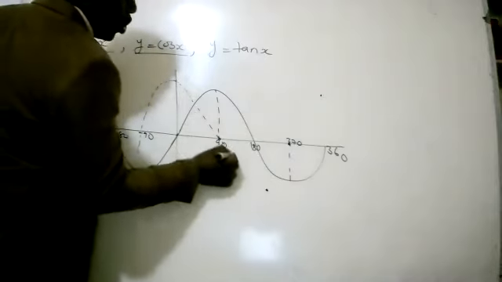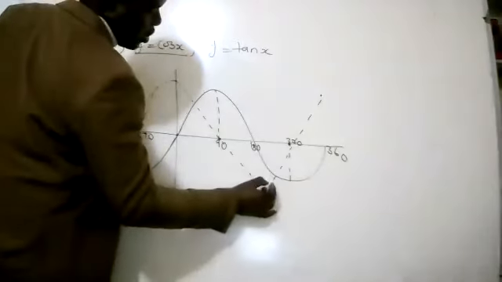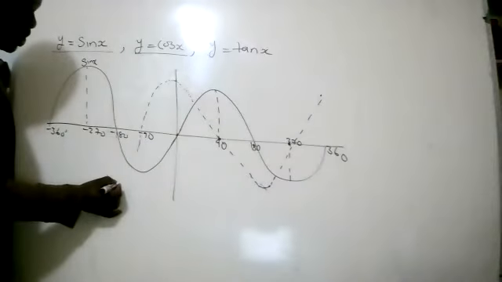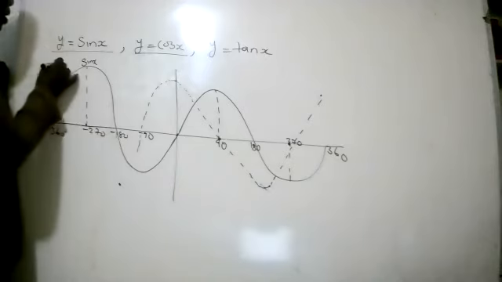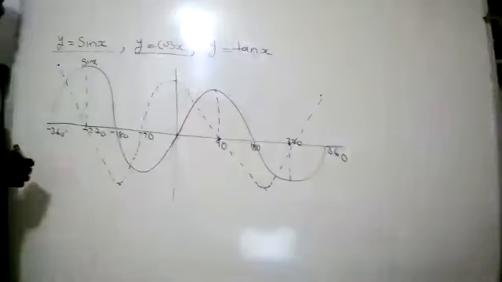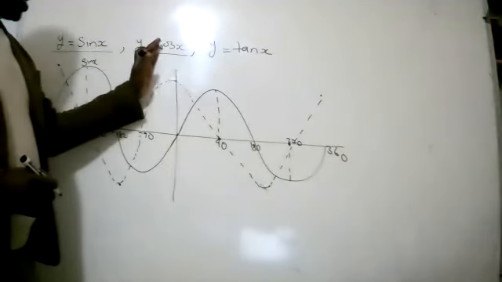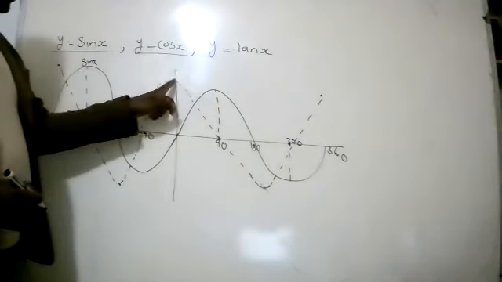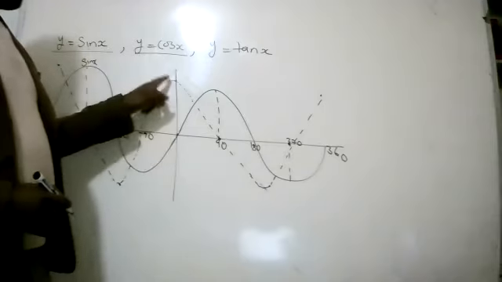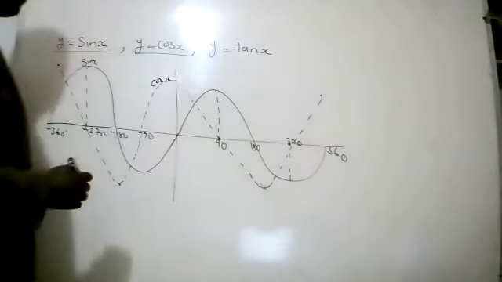I will use dots to represent this graph. It must not turn sharply like this; it must be sort of a curve. And then here we're going to have negative 1 there, 0 there, and 1 up there. I believe you can see the difference between the sine graph and the cos graph. The sine graph passes through the origin, while the cos graph doesn't pass through the origin. So that is our cos graph.